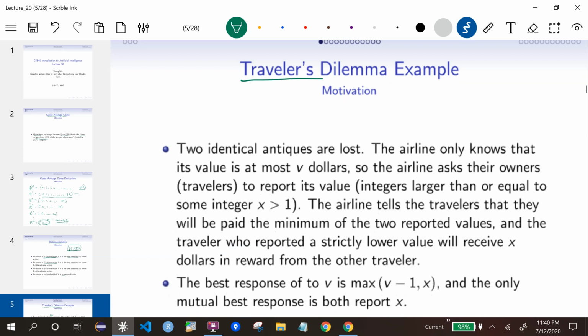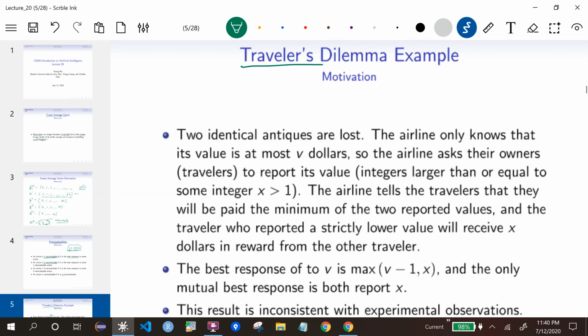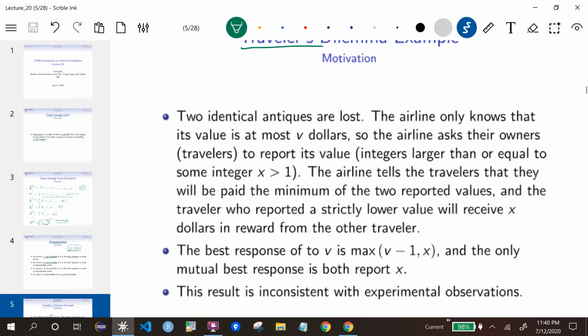So the story is basically we have two identical objects that are lost, and the airline does not know the value of the object. So the airline needs to ask the owners to report their values. However, the owners may lie and report a higher value, so the airline designs a game.